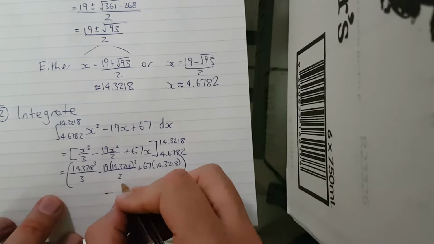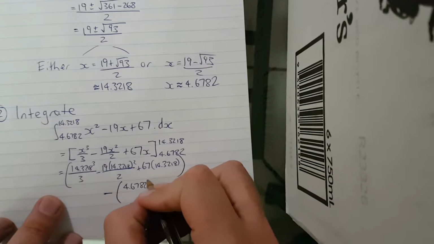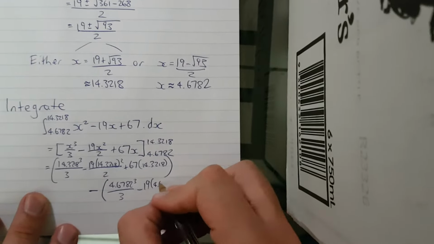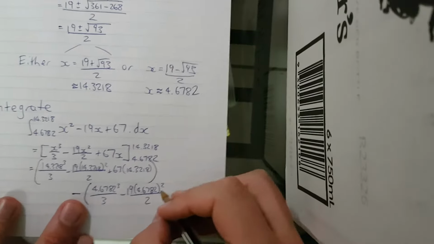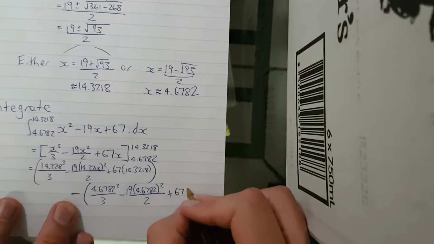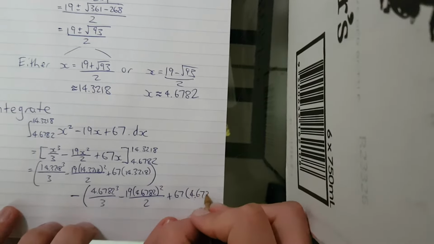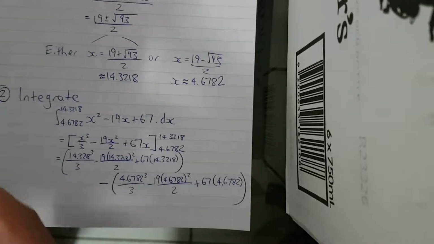And we're going to take away what we get if we do that: 4.6782 to the power of 3 over 3, take 19 times 4.6782 to the power of 2 over 2, plus 67 times 4.6782. Now that's big and messy, but it's what we're going to have to run with.